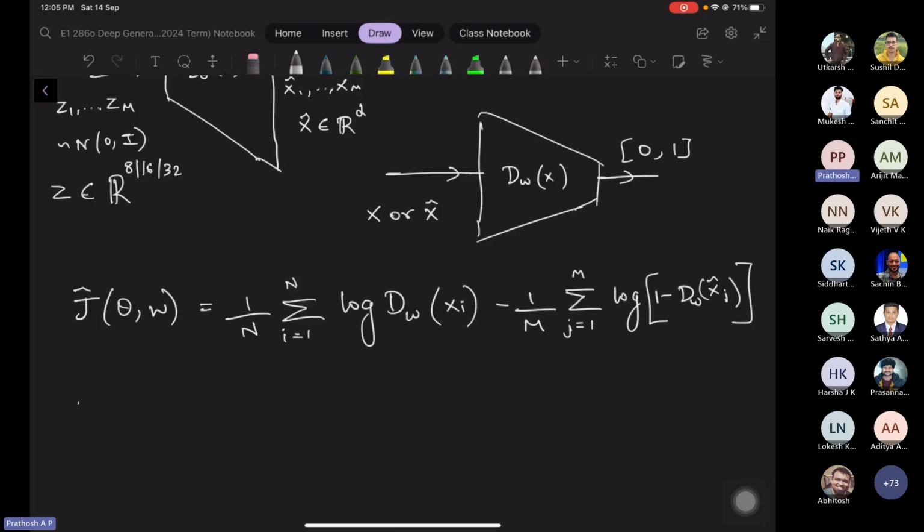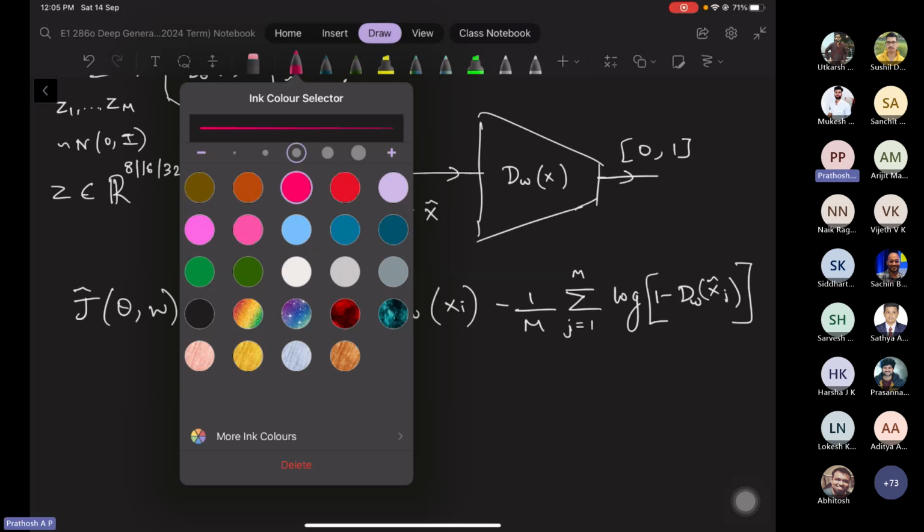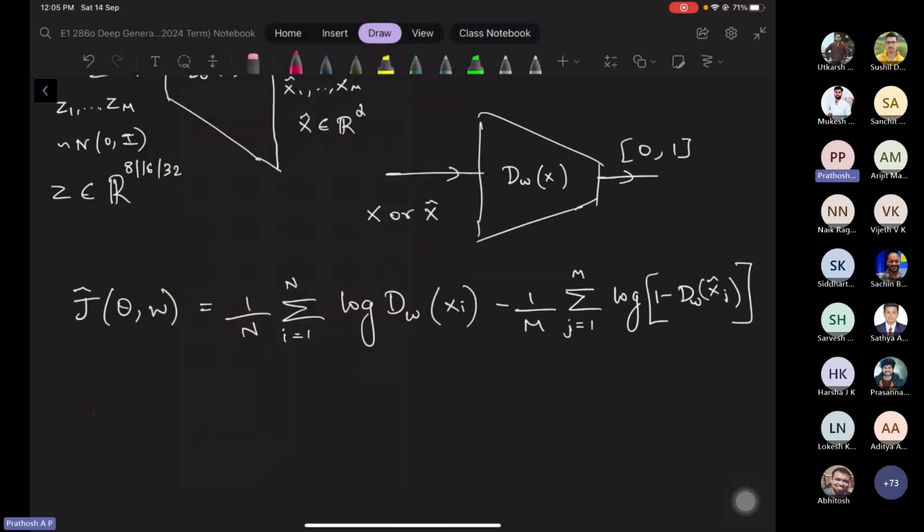So now we need theta t plus 1. I'll use different colors. This is for the generator training.